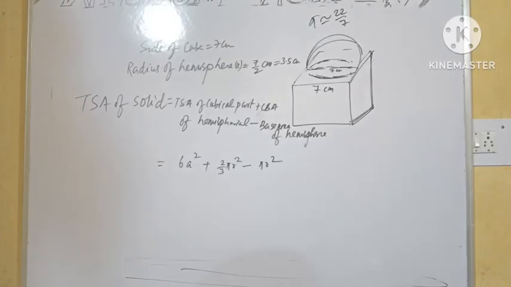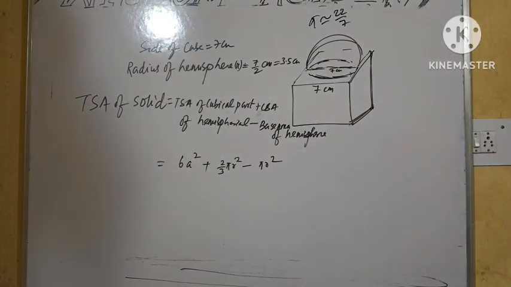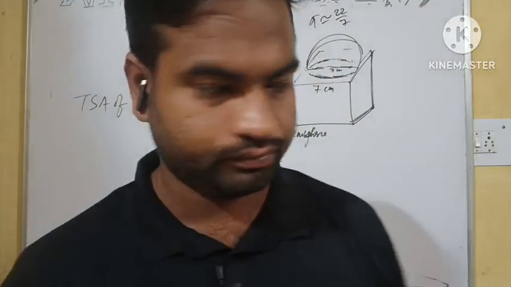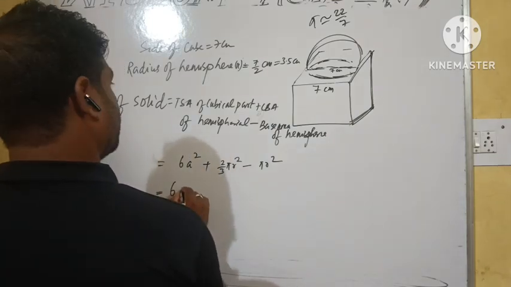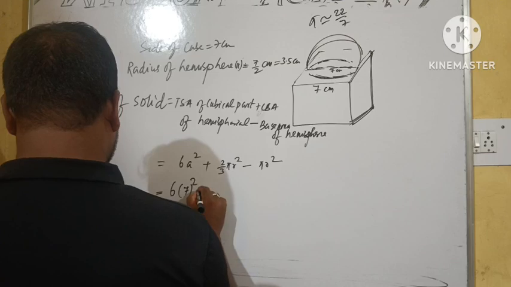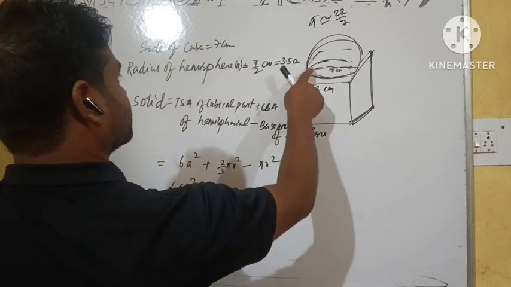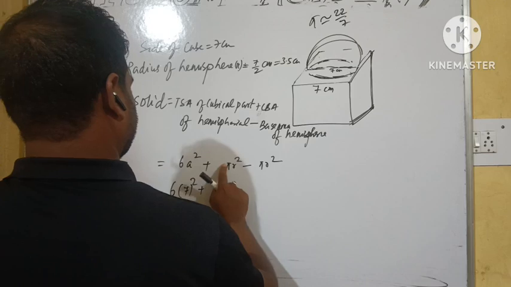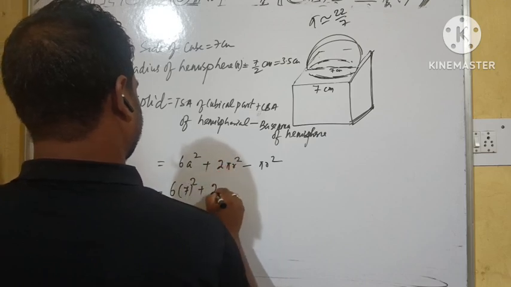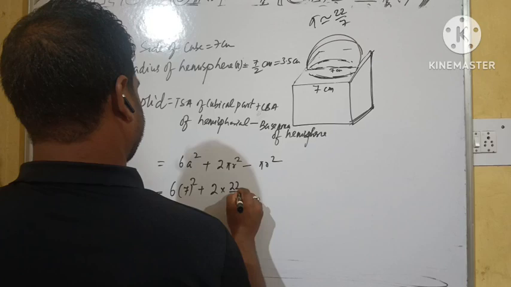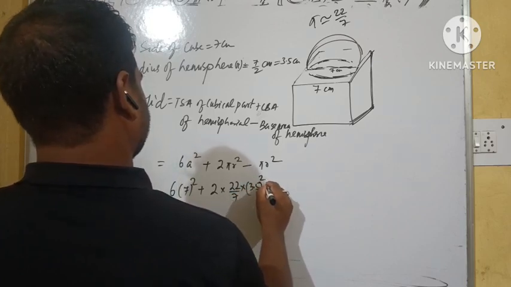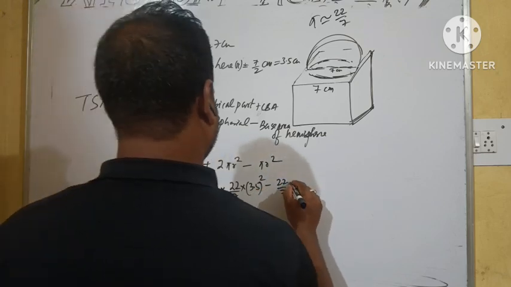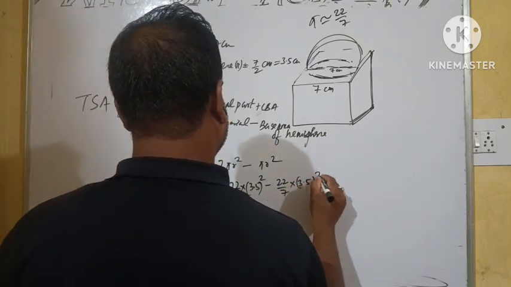Putting the values: 6 a square, that is 6 into 7 square, plus 2 pi r square, 2 into 22/7 into 3.5 square, minus 22/7 into 3.5 square.